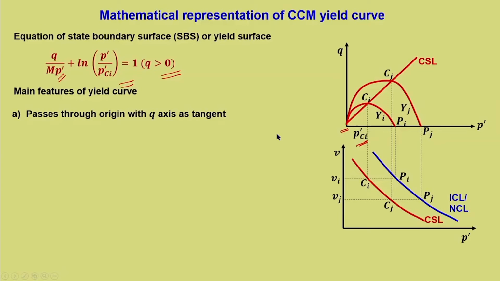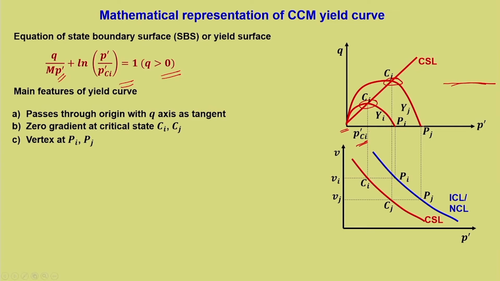So, it passes through the origin with the q axis as tangent. Zero gradient at critical state. Now, at this particular location Ci and Cj, what it means is that there is a zero gradient. If I draw a tangent at the topmost portion, it is horizontal. So, it is zero gradient at critical states at these points Ci and Cj.